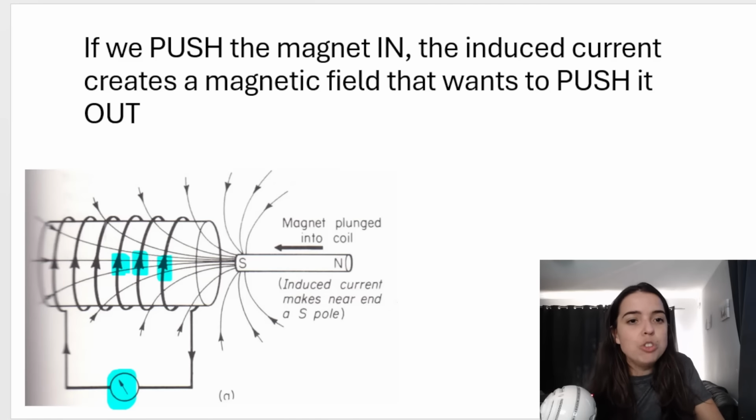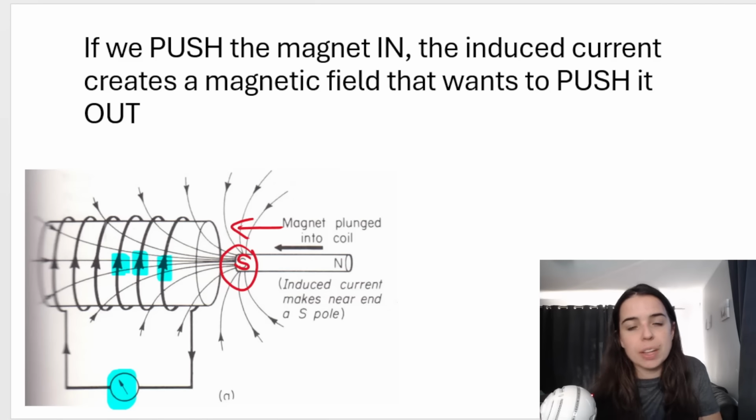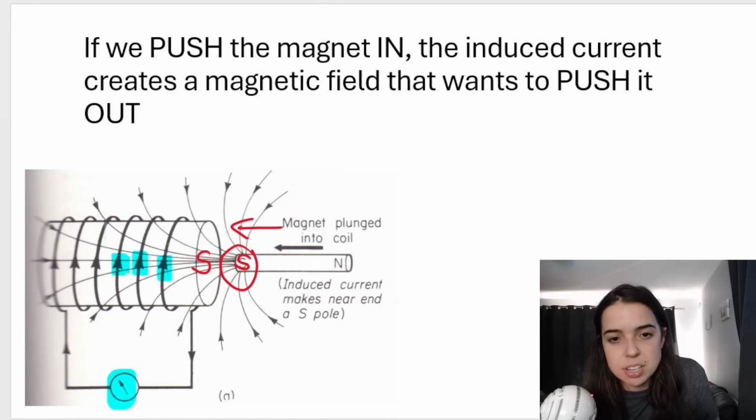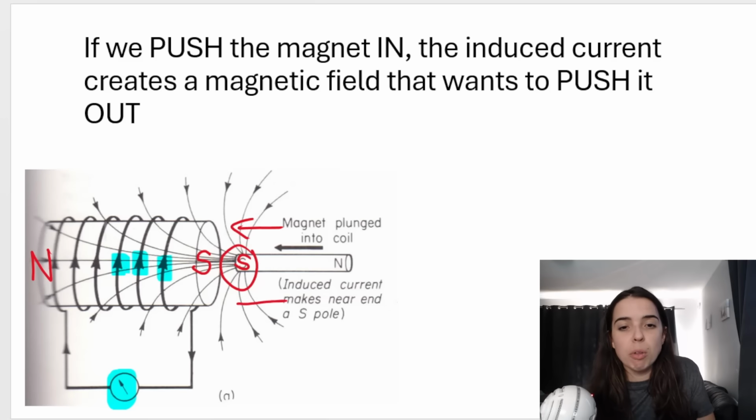Now, how do we get rid of a south pole that's coming in? What would get rid of a south pole that's coming in? So basically, how do we repel a south pole? We need to create another south pole over here, which means the north pole would be over here. Think about it. This south pole is going in.